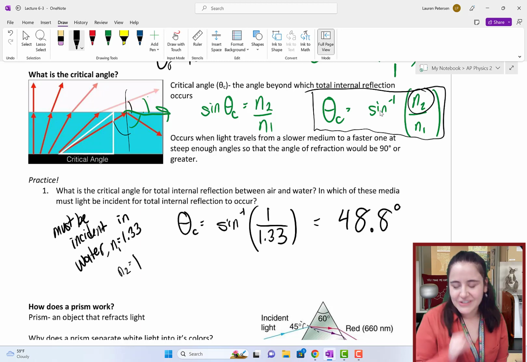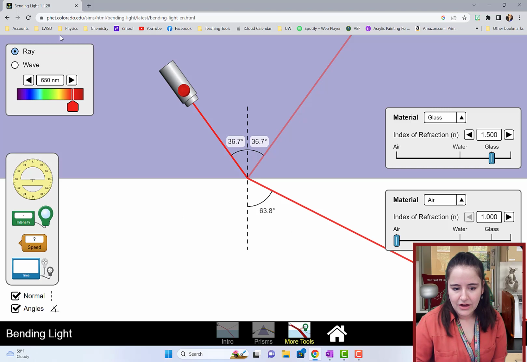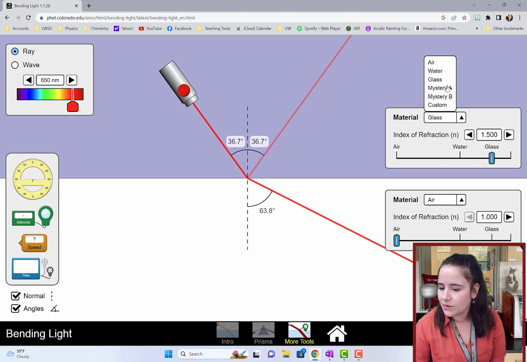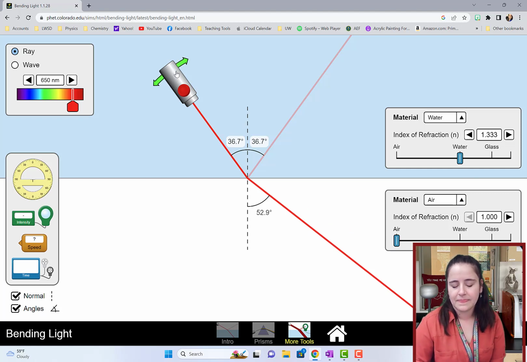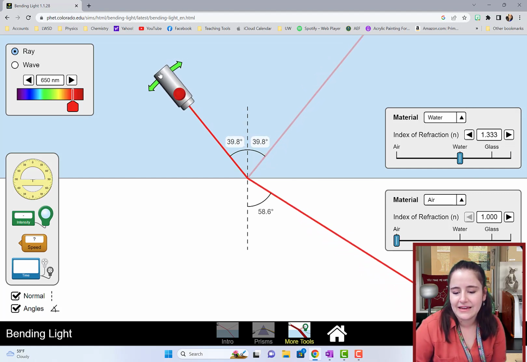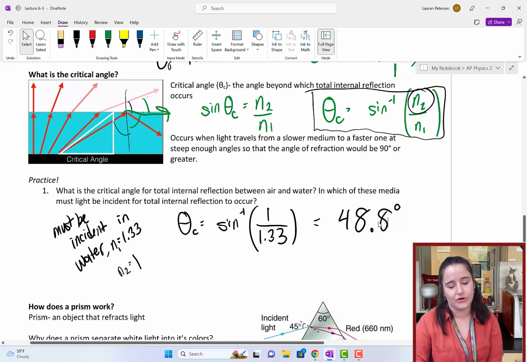Let's go ahead and check that in our simulation. I'm going to change material 1 to water, and material 2 is air. If I'm getting it, it's approaching 90. Oh, there's where it did. Yep, right at 48.7. Is that what we calculated? 48.8.